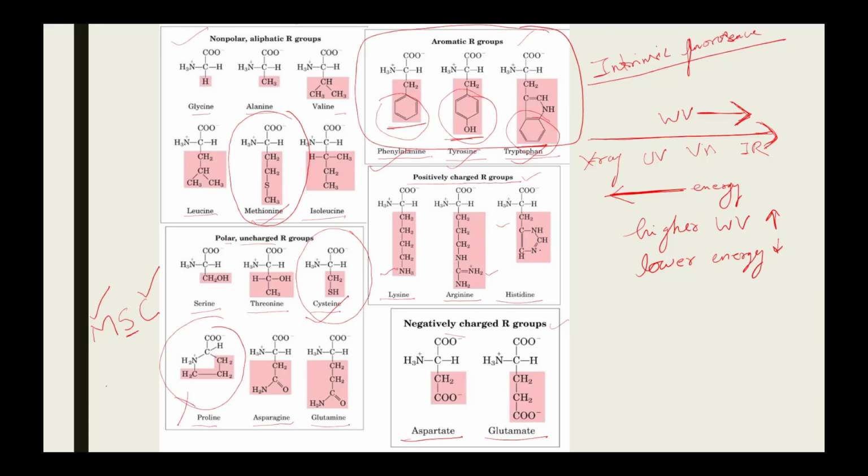There also, there is not much delocalization of electrons as compared to the aromatic R groups or benzene rings. So not histidine. The other option was methionine. Methionine is also a hydrocarbon chain, so methionine is also a wrong option. So tryptophan, which harbors an aromatic R group in its structure, is responsible for the intrinsic fluorescence of the protein.